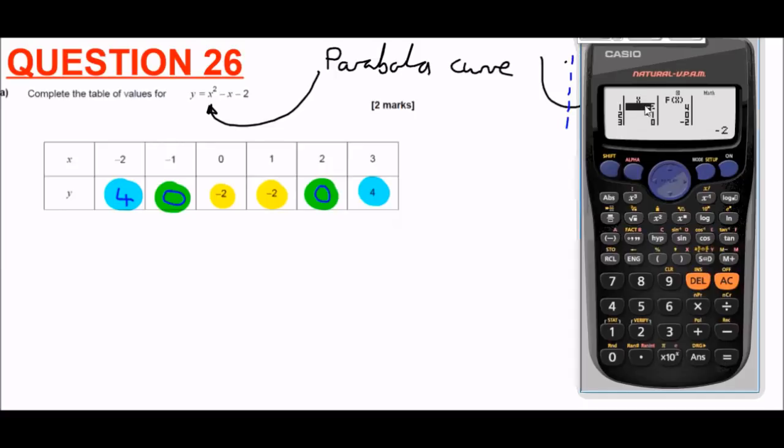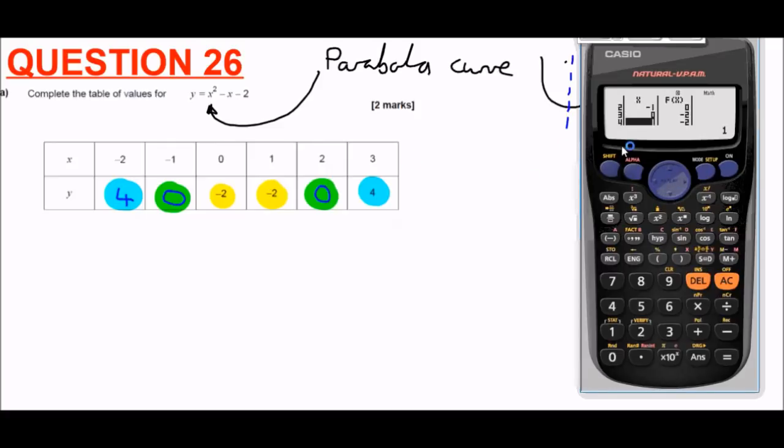Now what we're given here is a column of x's, and this column is y's. So what it says is, when x is -2, y is 4. When x is -1, y is 0, like we've already got. When x is 0, y is -2. So just scroll down further.